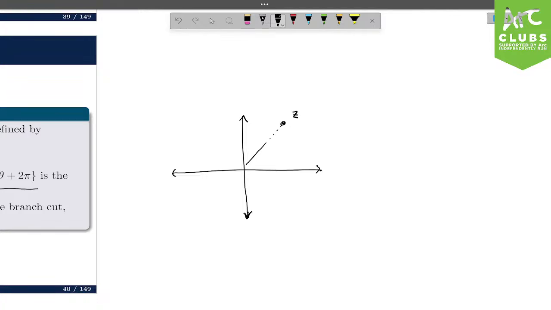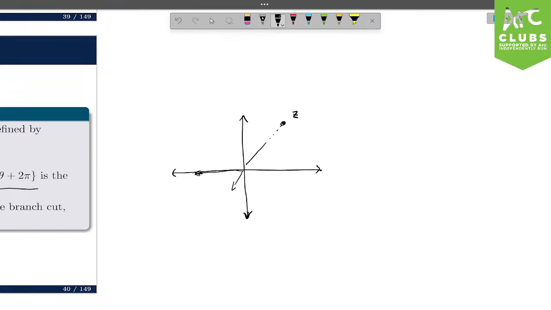Well, one way to think about it is that you start here, in a direction that's pointing this way, with the number -π in your head, and you keep on rotating anti-clockwise, increasing the angle until you reach z, right?